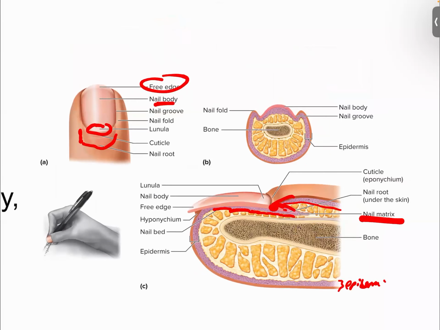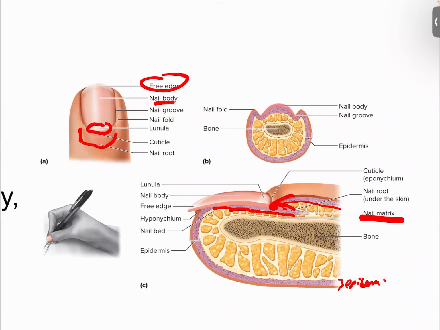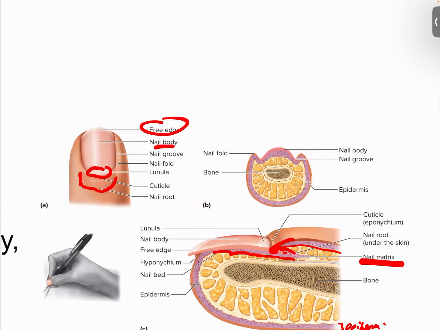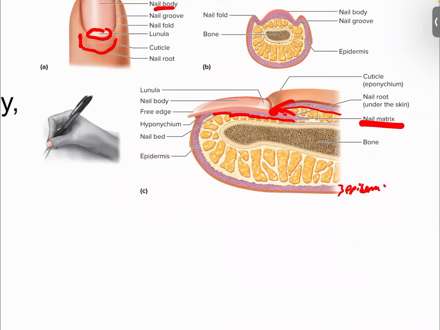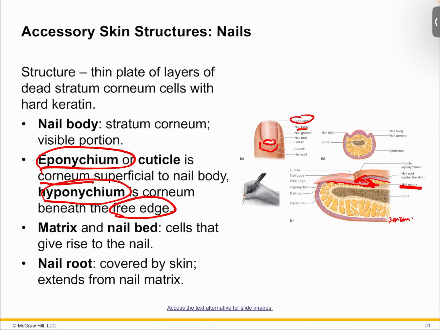So you can see how you have stratum basale wrapped around the entire nail bed here. So you can add cells in that direction, and that's what pushes the nail out from underneath the cuticle and into your lunula, or the moon.